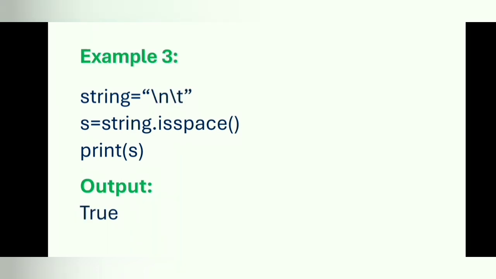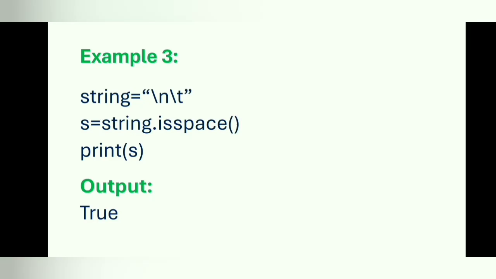Example 3. In this example, we assign the string value \n\t to the variable string. In the following statement, we apply the string isspace method to this string. Then the print statement prints the boolean value returned by the isspace method.